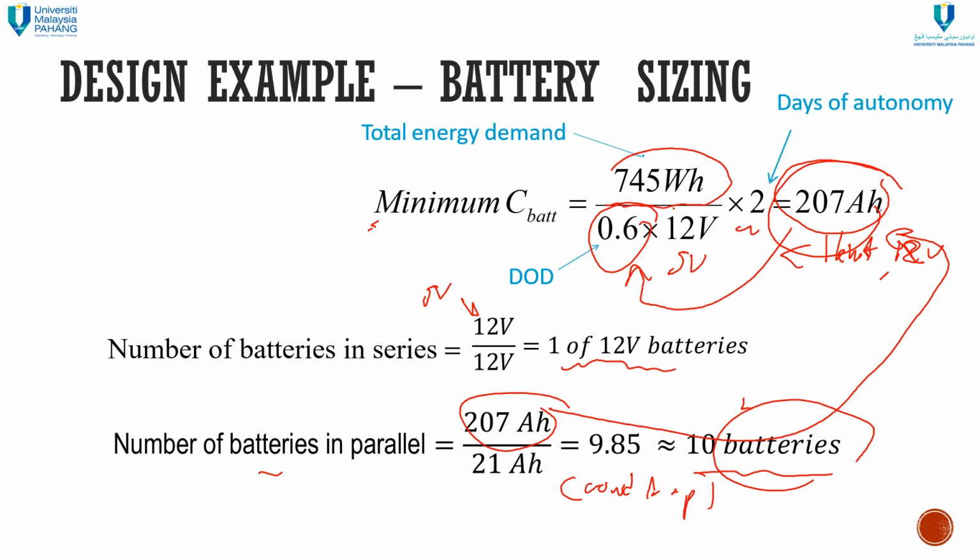Then choose the battery that we need. Usually people use minimum 100 Ah capacity battery. Then you divide the total capacity over the storage capacity of the battery that we choose, then we round it up. So this is the simplest way to design the standalone system.